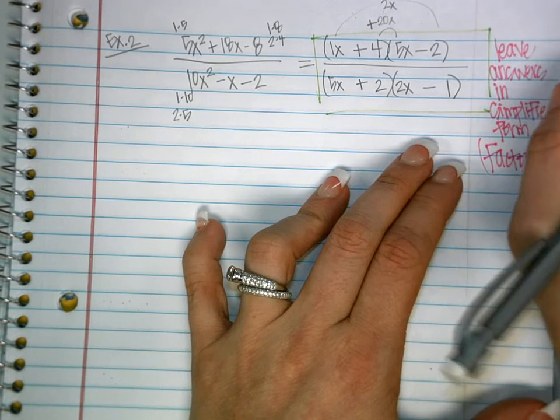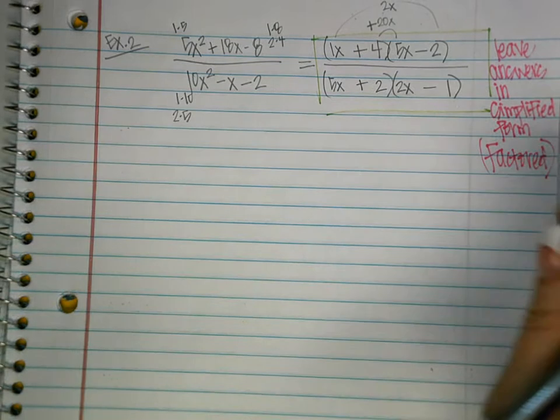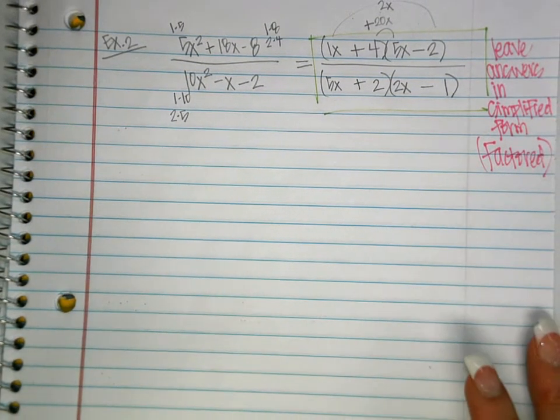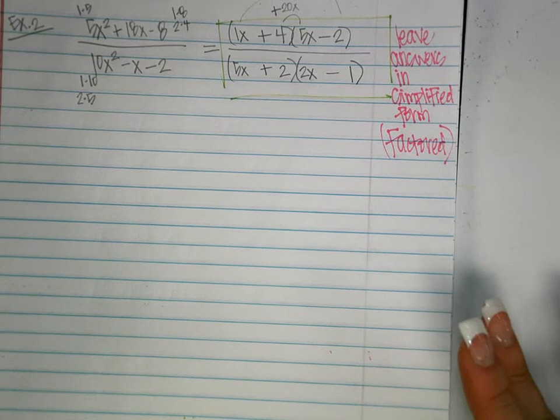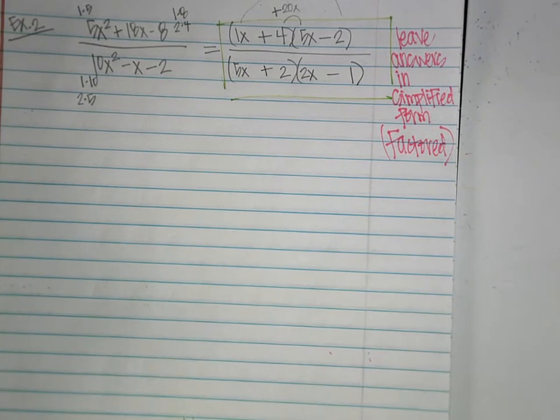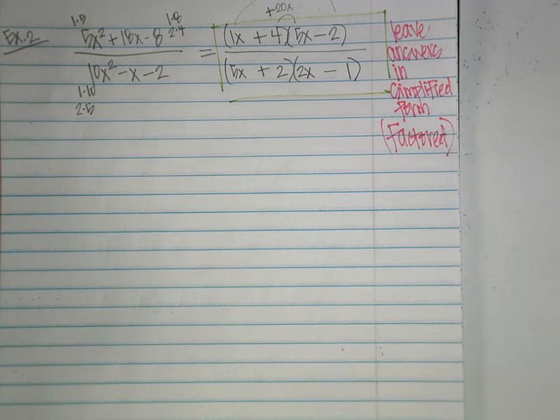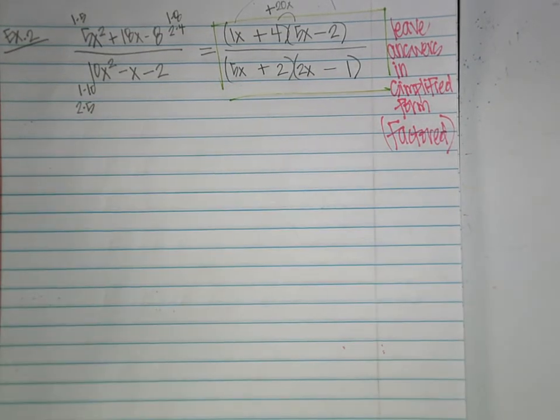What if you had put 2x in the first and 5x in the other one? No, not if you check the signs. The signs don't work there. It would end up being a positive in the middle.